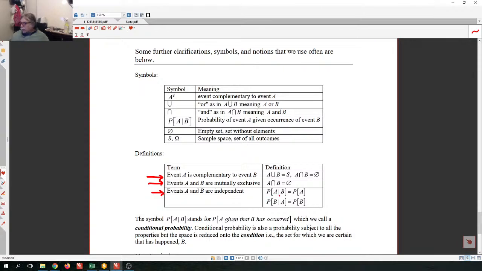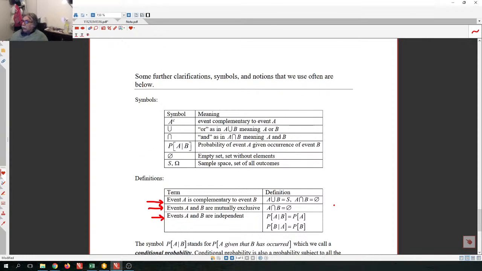So the probability of A given that B has happened must be the same as the probability of A, which means that B has no impact on A. The probability of B given that A has occurred must be the same as the probability of B, regardless of whether A has happened or not. When you have this, you have independent events. If you don't, then the events are dependent. The opposite of independent is dependent. Most of the time events are dependent, but sometimes they're independent, so you need to know when.